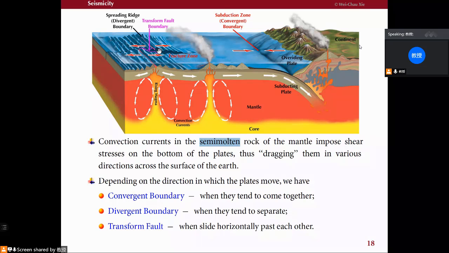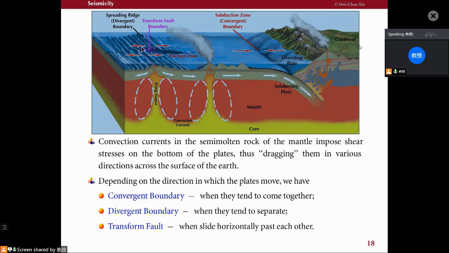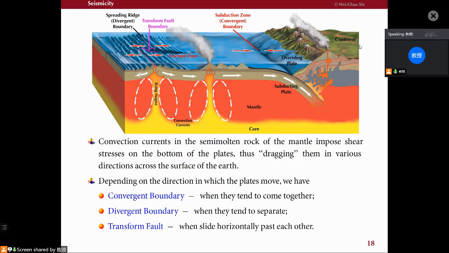For example, in this case, the two plates move away from each other. And the transform fault is when plates slide horizontally past each other. If one moves fast and the other moves slower, then we have the transform boundary. For example, this part moves faster, this part moves slower.